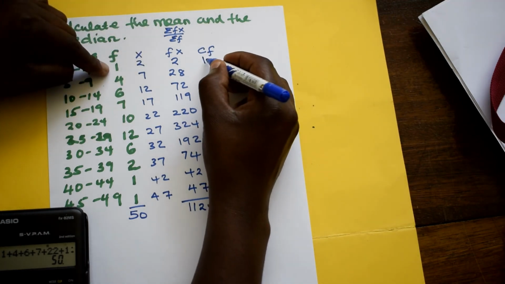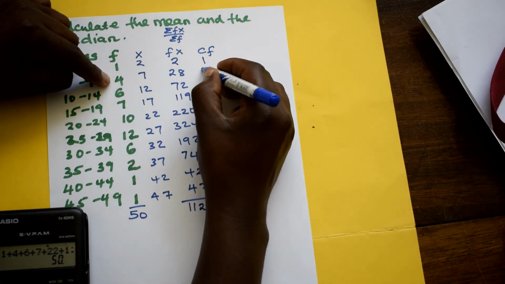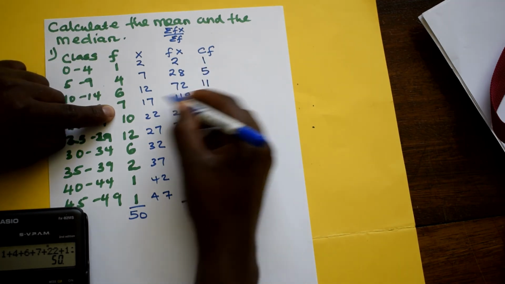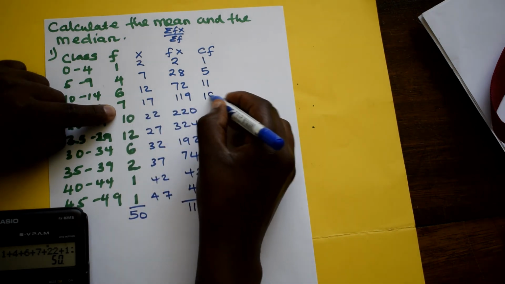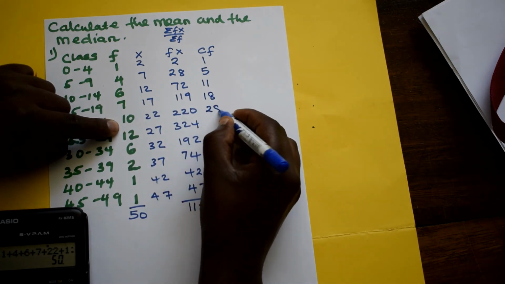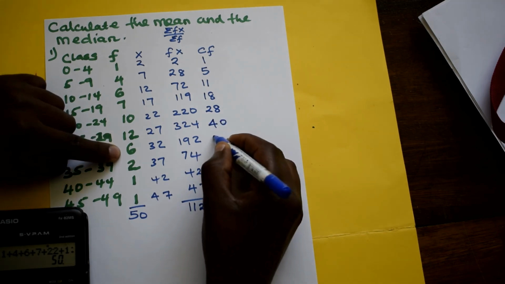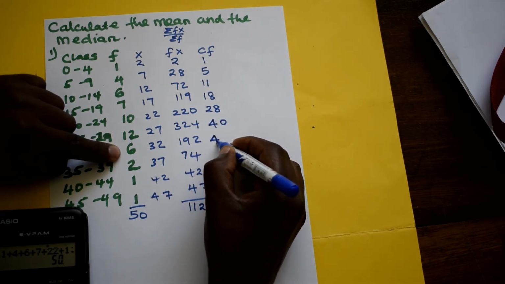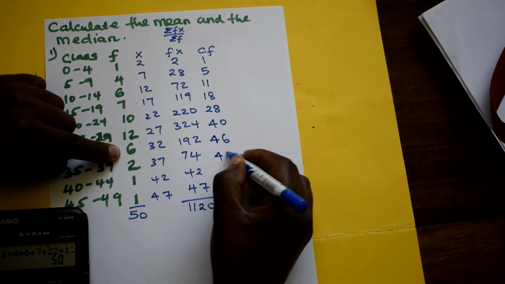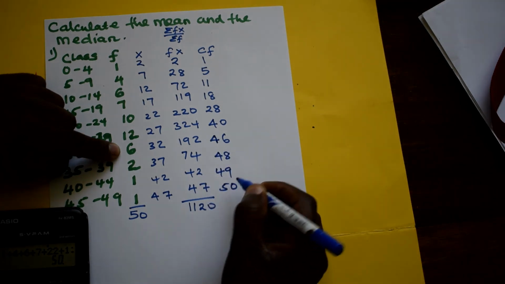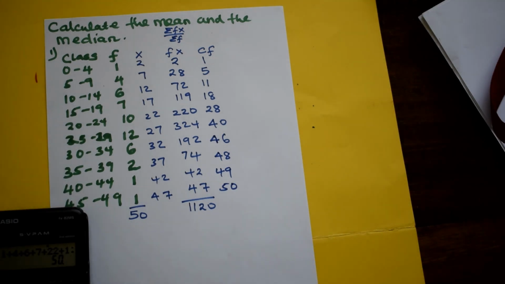So this will be 1 plus 4 to give us 5, 5 plus 6 to give us 11, 11 plus 7, 18, 28, 40, 46, 48, 49, 50.